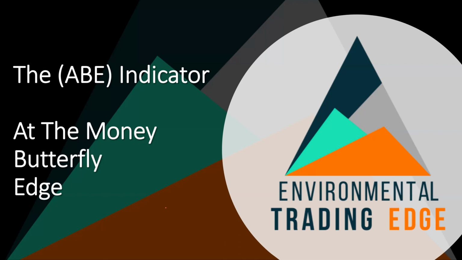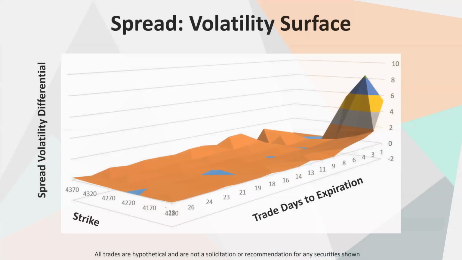So that's where the Abe indicator comes in. Like I said, this is the at the money butterfly edge, and it applies to condors as well. We compile the volatility surface, the spread volatility differential.